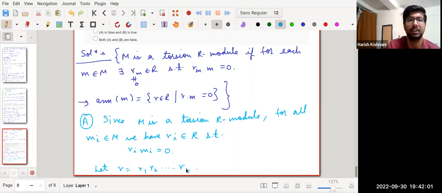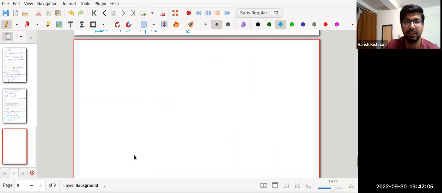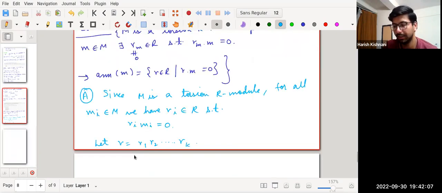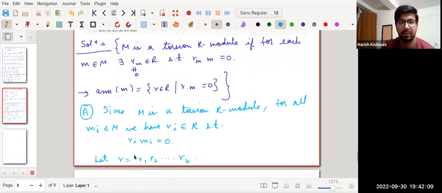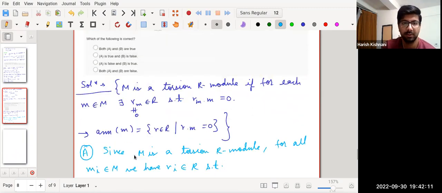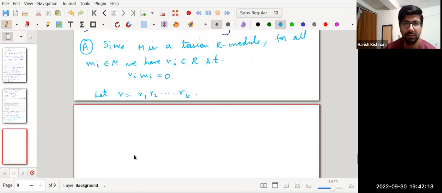Okay. Then we claim that r will be non-zero since each ri is non-zero, right?